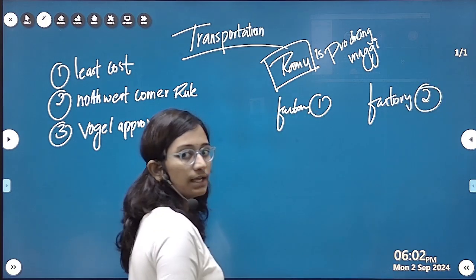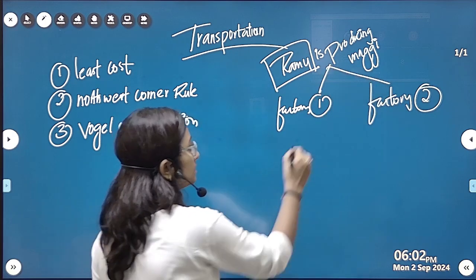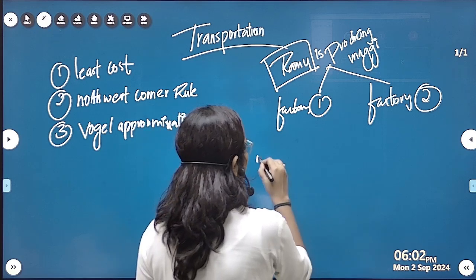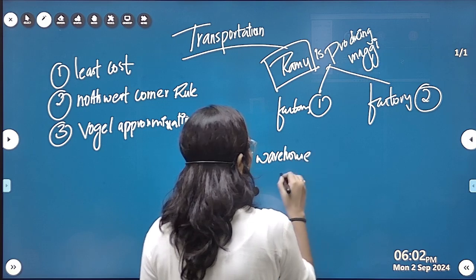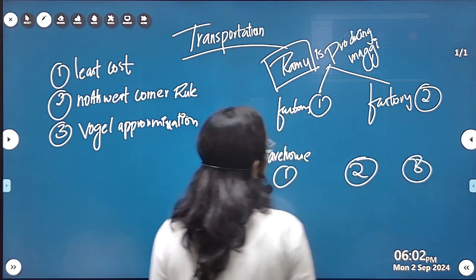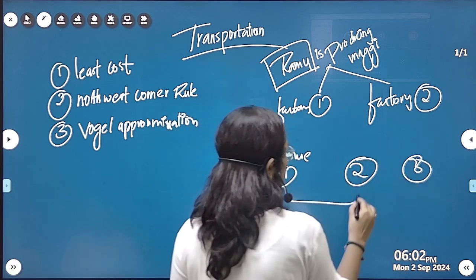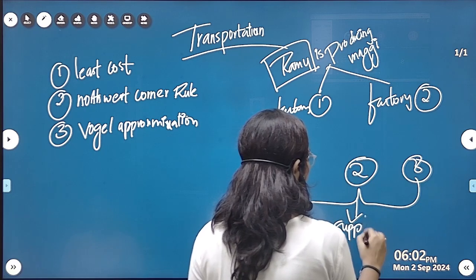Next, he has three warehouses, first, second and third. Through these three warehouses, he is supplying to foreign countries also.